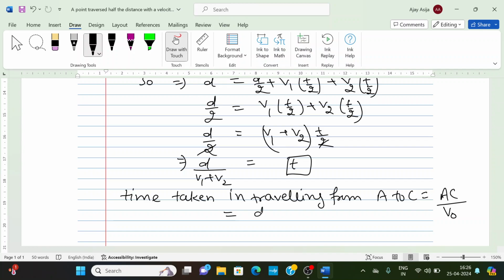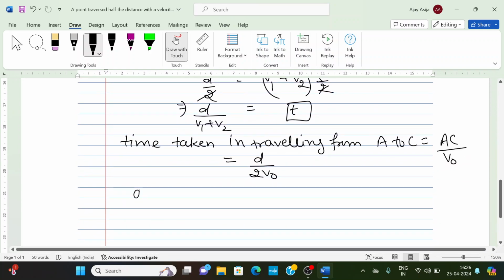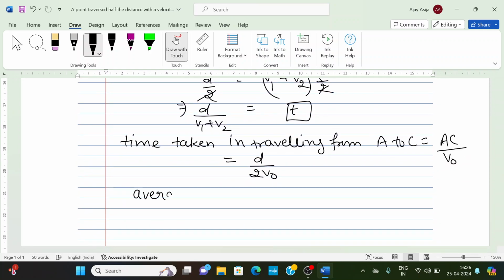So this will be D by 2 v0. Now, average velocity is total distance upon total time taken.